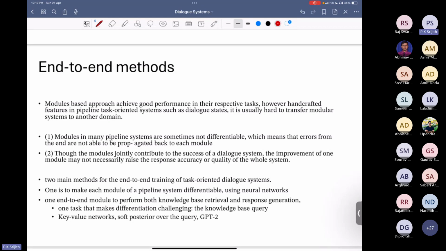Yeah, so this is the overview of mainly the task-oriented dialogue system. And open domain dialogue systems are almost always trained in an end-to-end manner using encoder-decoder deep learning models on a huge training corpus, the way LLMs are trained.